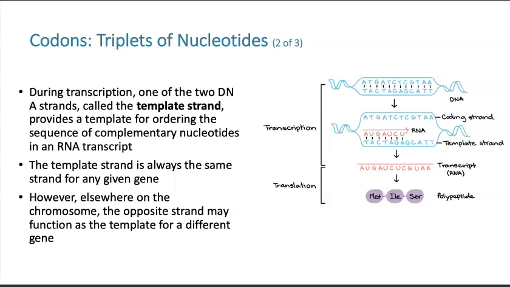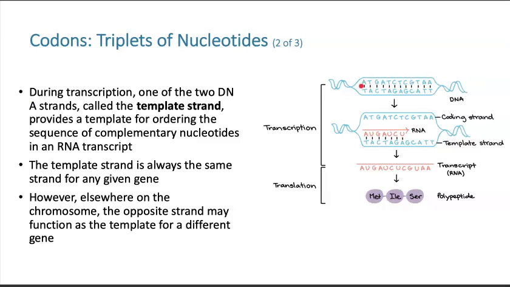So during transcription, 1 of 2 DNA strands, we're dealing with DNA, right? You have 2 strands. One is called the template strand, and the template strand tells the order of the sequence of the nucleotides in the RNA.